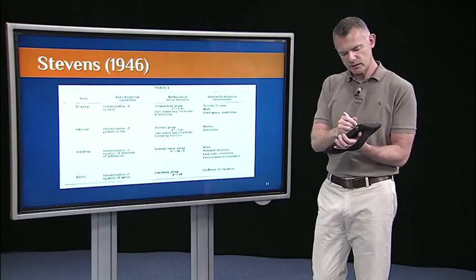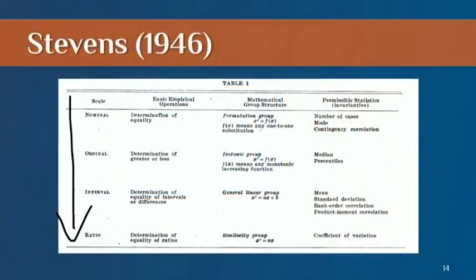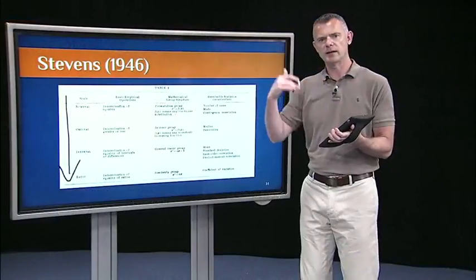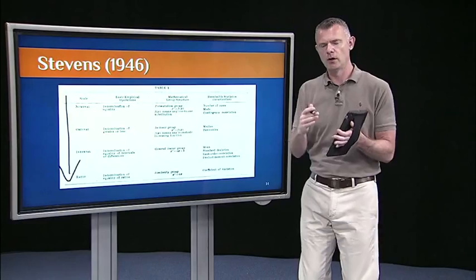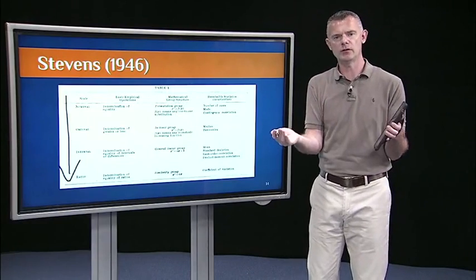As you go down this list, you'll see as you go from nominal to ordinal to interval to ratio, you're allowed to ask more and more questions of your variables. So for ordinal, I can ask not only are you the same or different, but I can ask, are you ranked higher or lower? So do you come from the same or different countries?